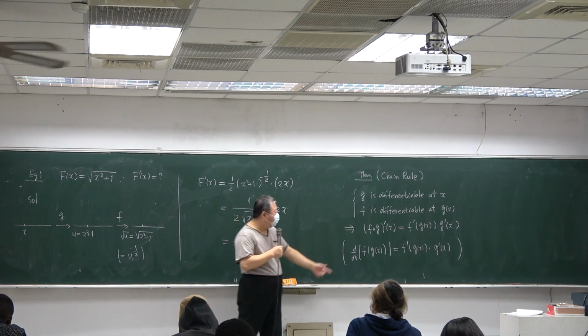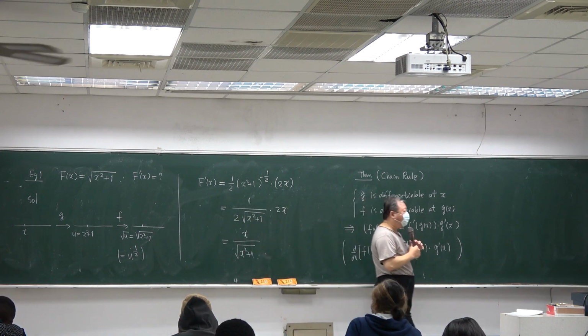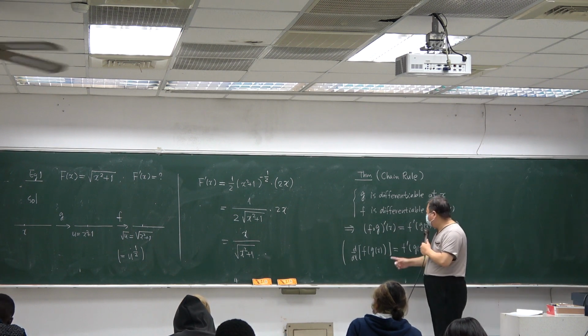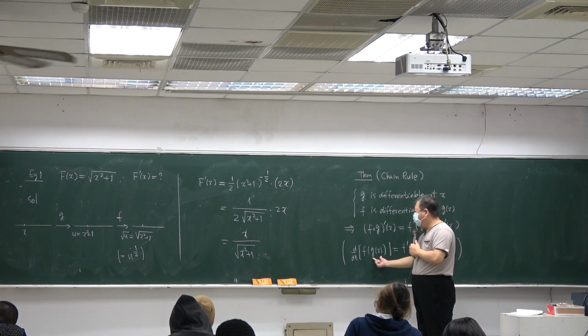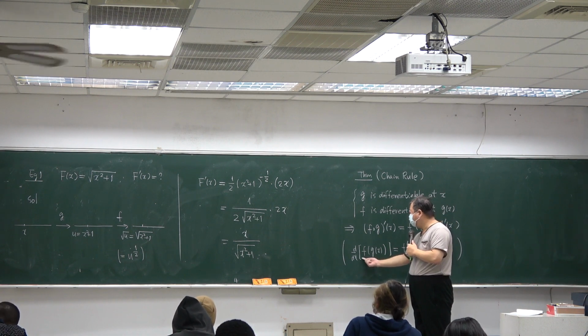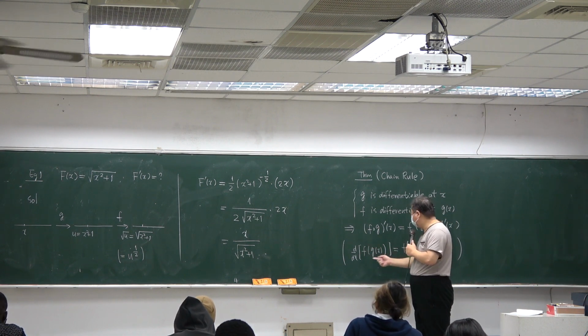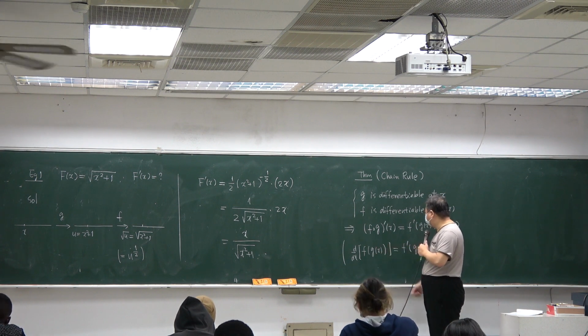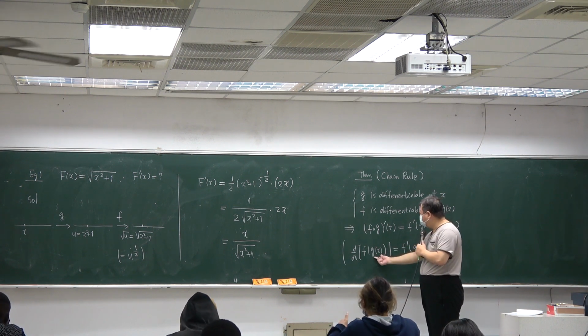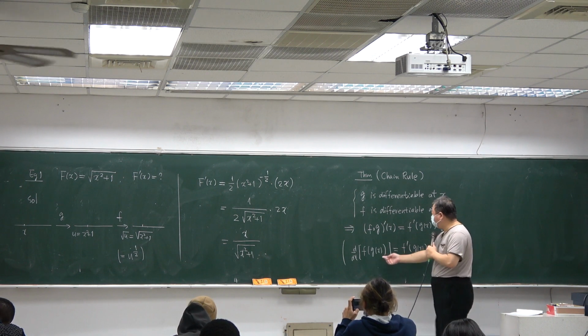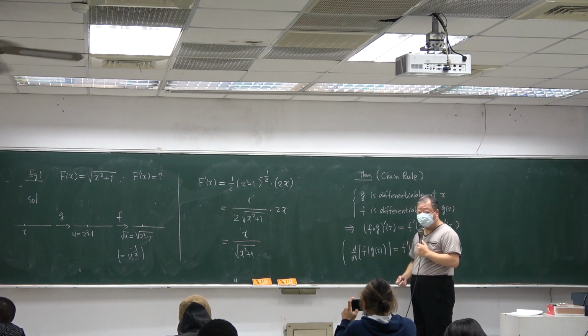So the form here is x is mapped to g of x first, then f last. So we differentiate f first at this number, times the derivative of the inner one. This is the outer one, and the inner one. Okay.